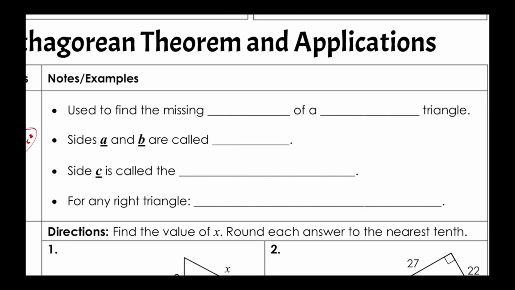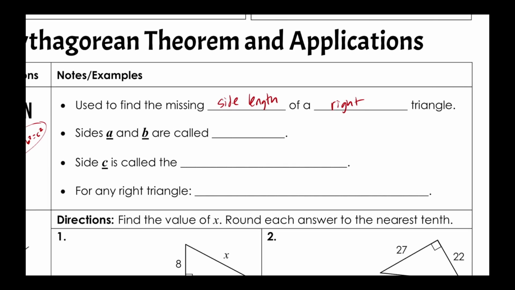Well, we use the Pythagorean theorem to find the missing side length of a right triangle. There are 3 sides to a triangle. If I know 2 of them, I can use the Pythagorean theorem to find the third.